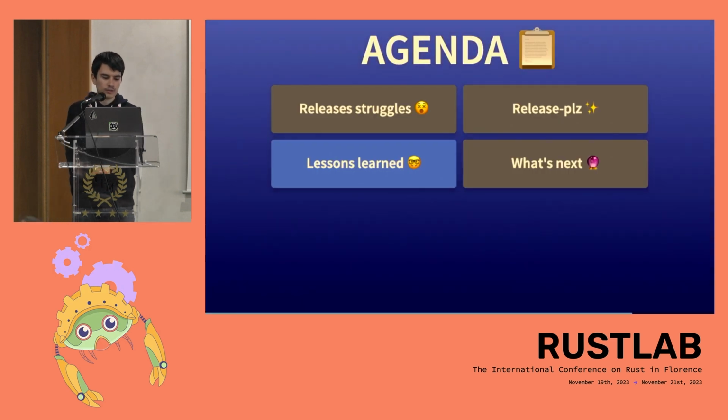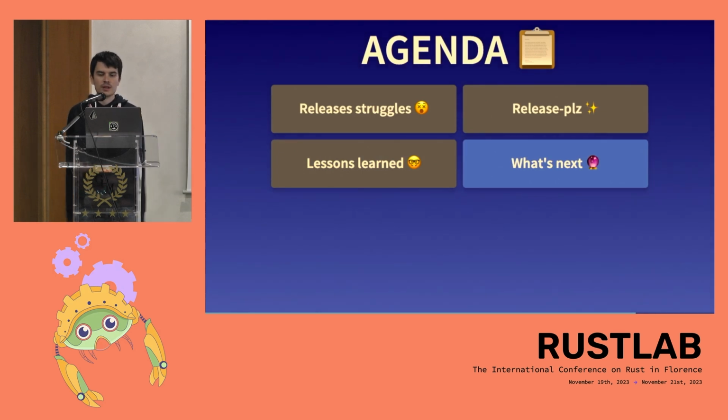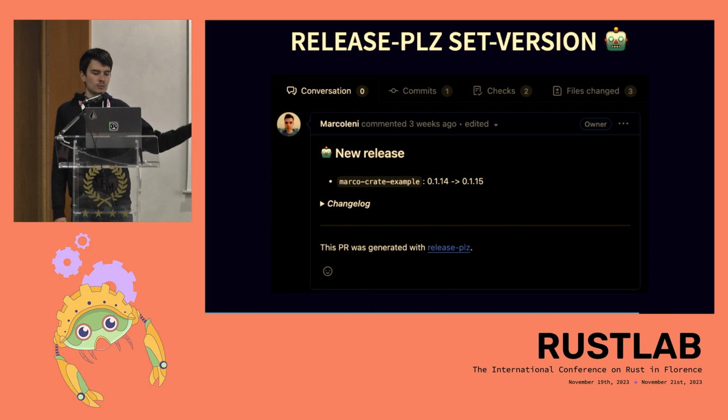Cool. So now these were the lessons learned. Now let's see briefly what's next for release-plz. I would like to implement a set version command. So the way I think about the release PR is that it's a good starting point to your next release, right?